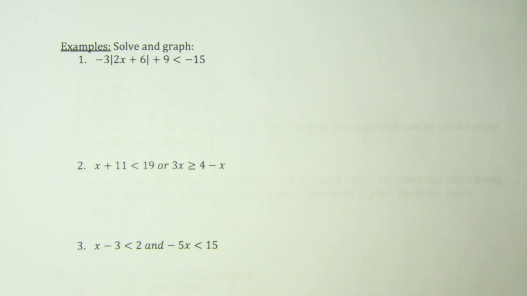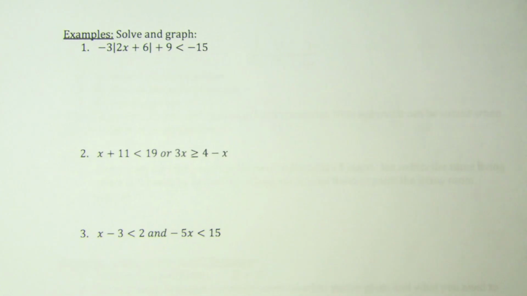So for these examples here, let me get that light out of the way. We have this first one here. And the first thing I want to do is get the absolute value by itself.